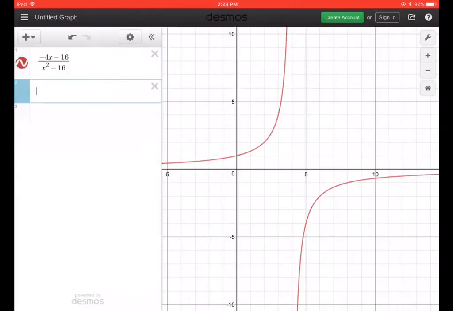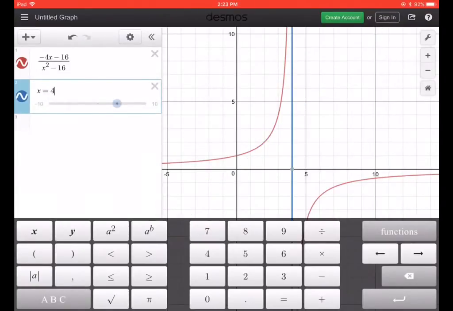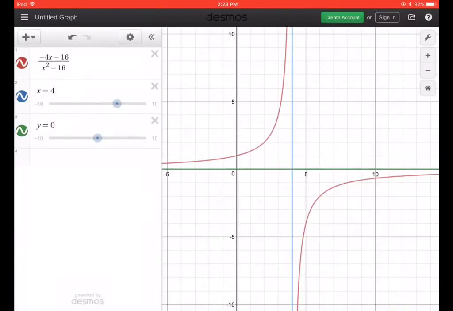And then we can graph the horizontal asymptote as y equals 0. We can see that the graph is stretched out because the original point that should be at 3, 1 is at 3, 4 now.